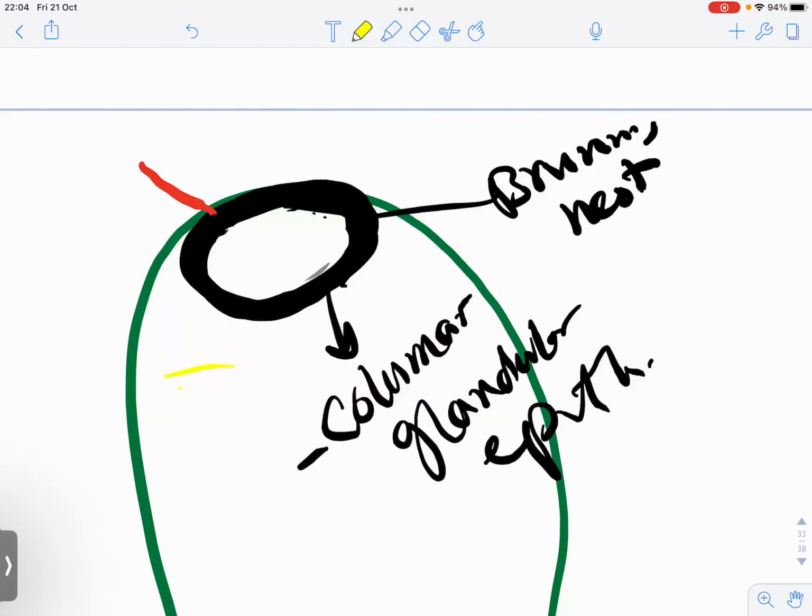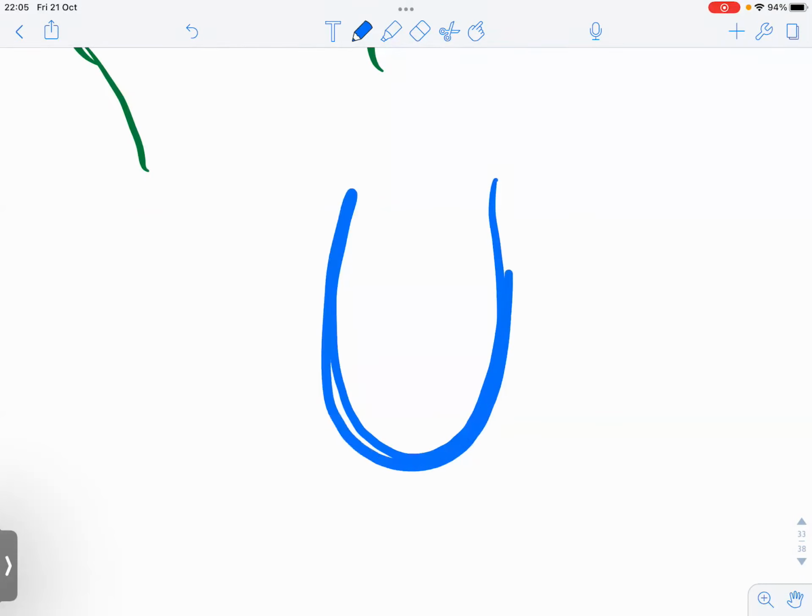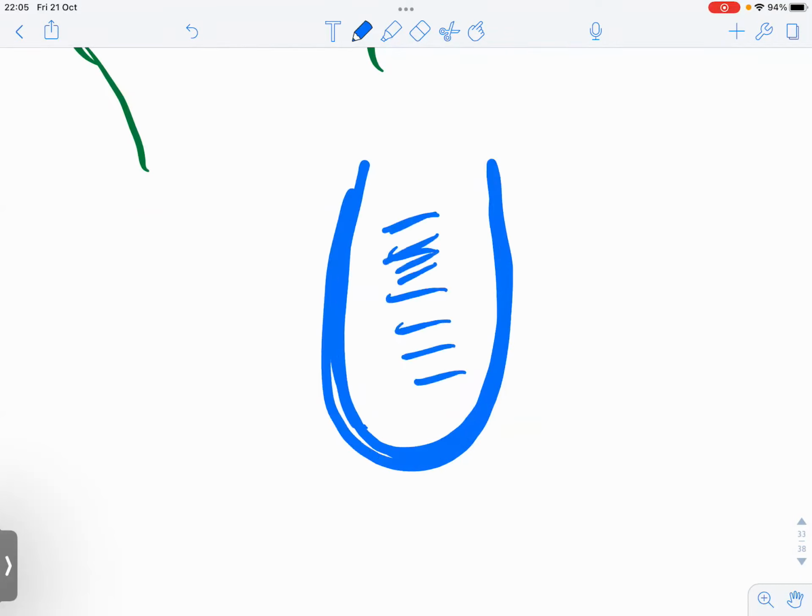And why do we call it glandular? Because it's similar to a gland in shape. In glandular epithelium we have columnar epithelium, and inside it's called colloid. Colloid means empty space inside the gland.